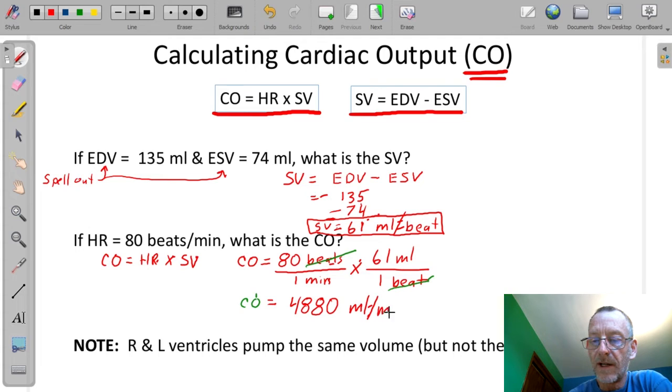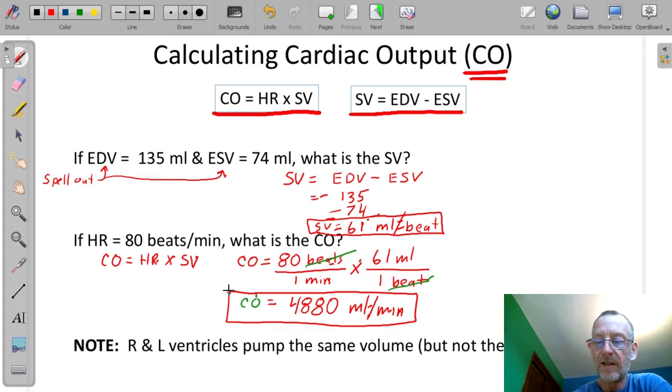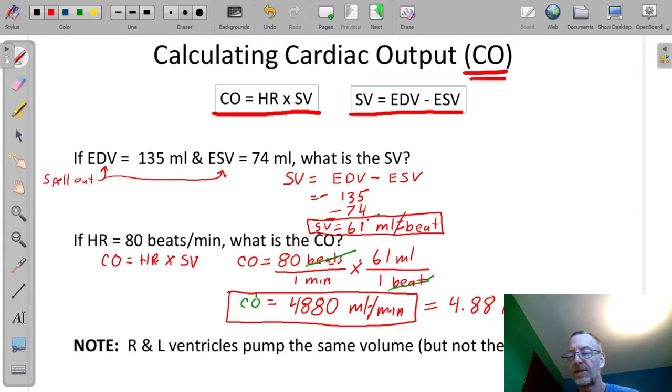Mils per minute. And I am assuming that you can convert 4880 mils to liters. Do the unit conversion problem if you need to, but that would be equal to 4.88 liters per minute. But cardiac output is normally expressed in mils per minute.